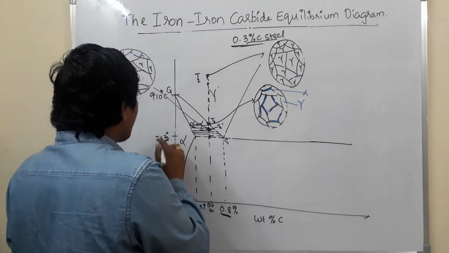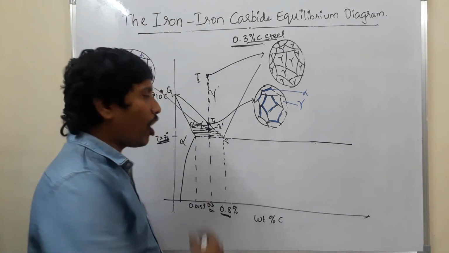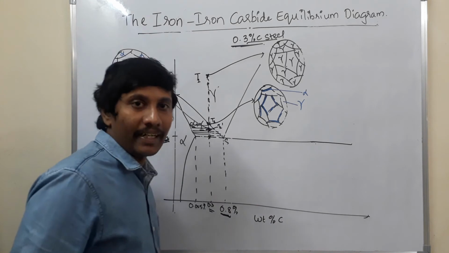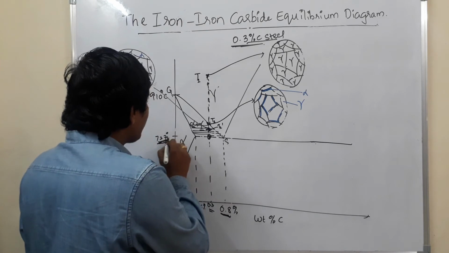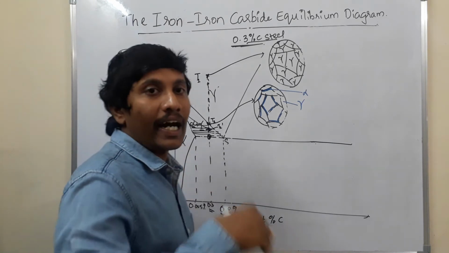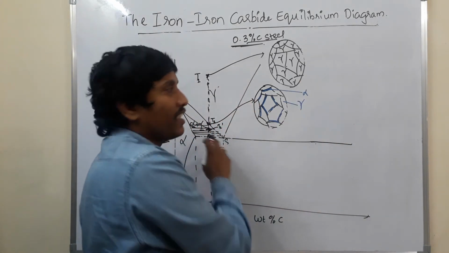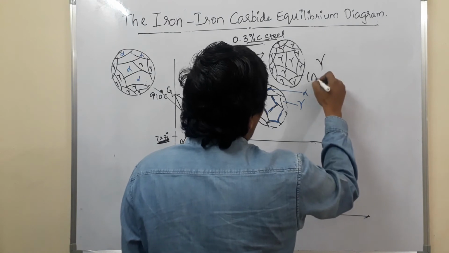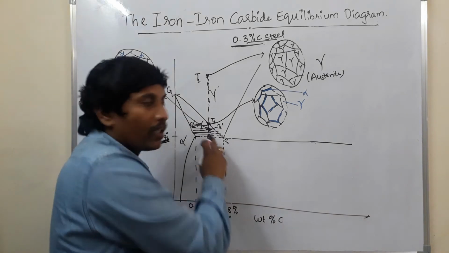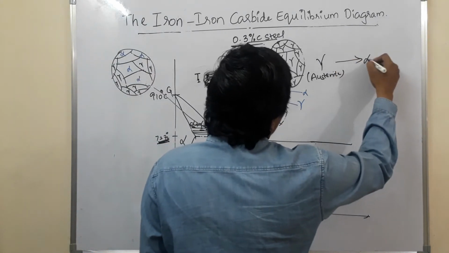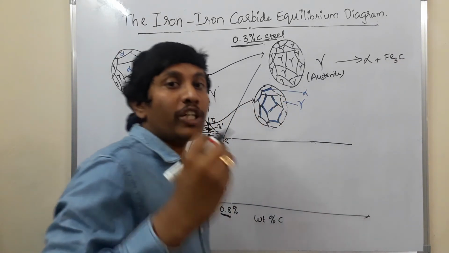Upon equilibrium cooling, when the temperature of 727 degrees centigrade is reached, the gamma solid solution, the austenite, is not stable below 727 degrees centigrade. Whatever percentage of austenite is present at 727 degrees centigrade converts to ferrite plus cementite because of the eutectoid reaction.